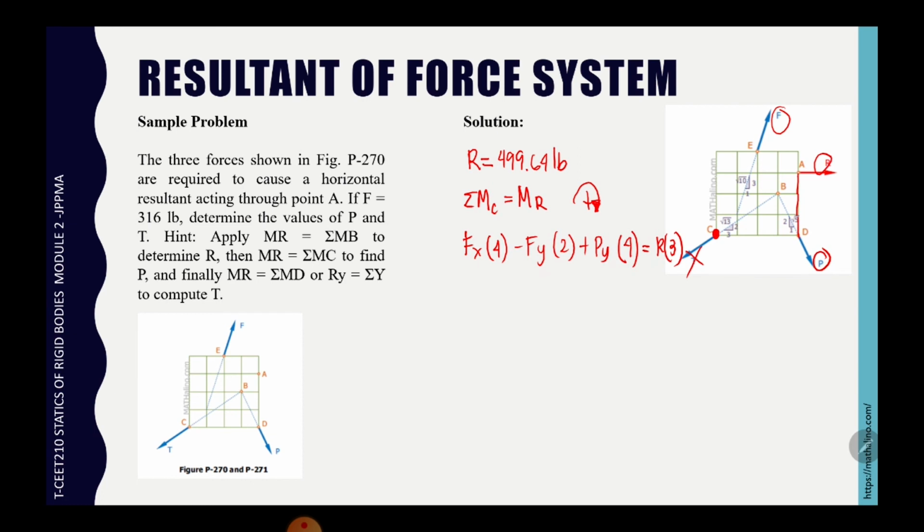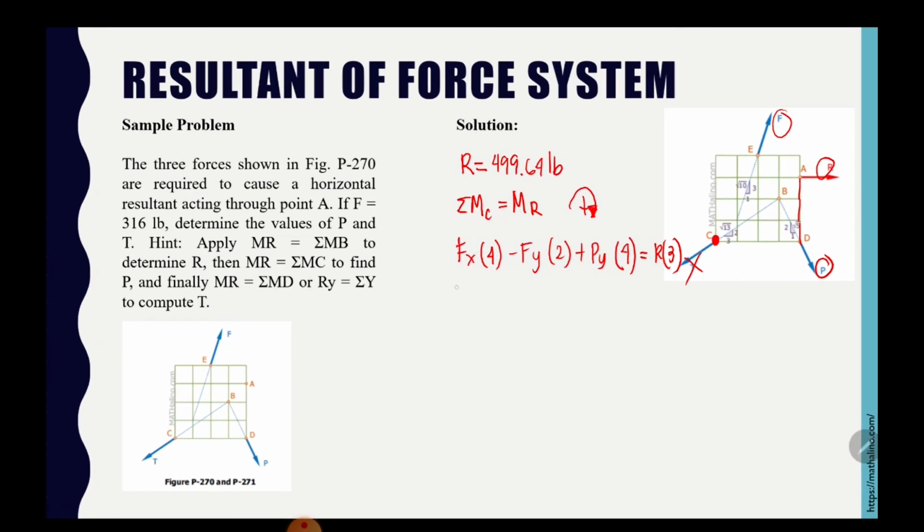So, kailangan naman natin ngayon ilagyan yung ng values yung Fx. So, si Fx ay magiging 316. Ito siya. Si Fy, ito si Fx. Tapos, yung x value na 1 over square root of 10 times 4.